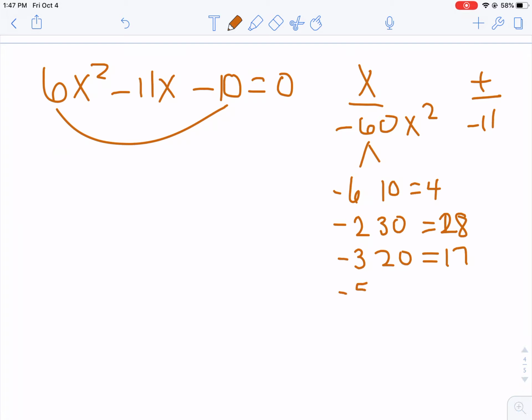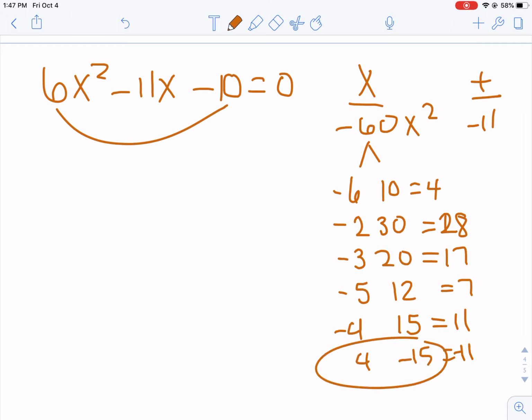You do negative 5 and 12. That gives me 7 or negative 7. I could do 4 and 15. So I could do negative 4 and 15. That would give me 11. So if I reverse it, I get negative 11. So it's that pair. That took me a while.